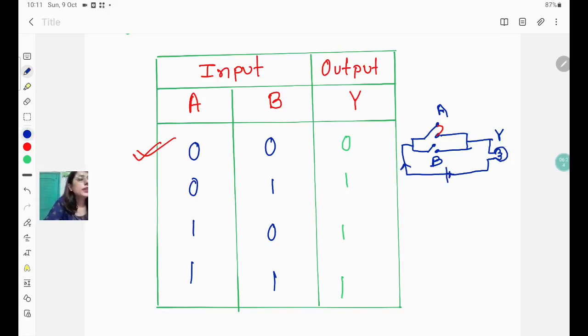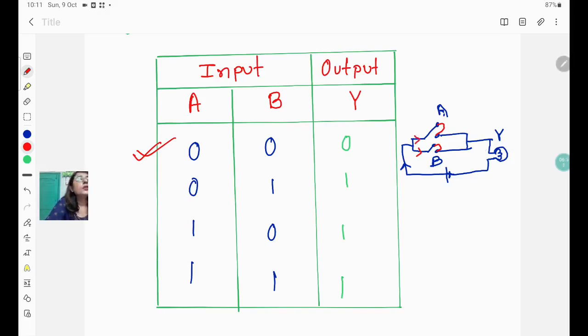The next one, if B is closed, that is B is 1 but A is 0, in that scenario also current will flow through this line and the bulb will be on. And if the 2 of them are 1, that is A is on, B is also 1, then Y will also be 1 because the current will flow through both of them.